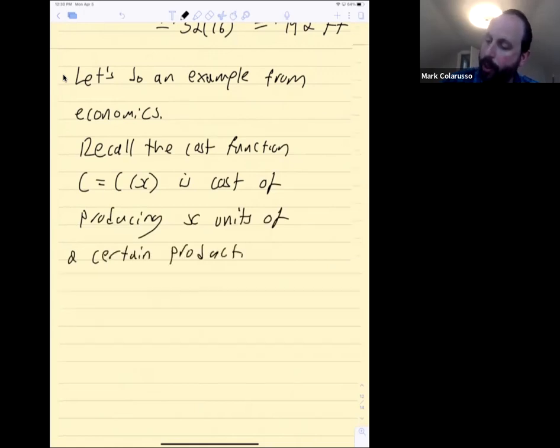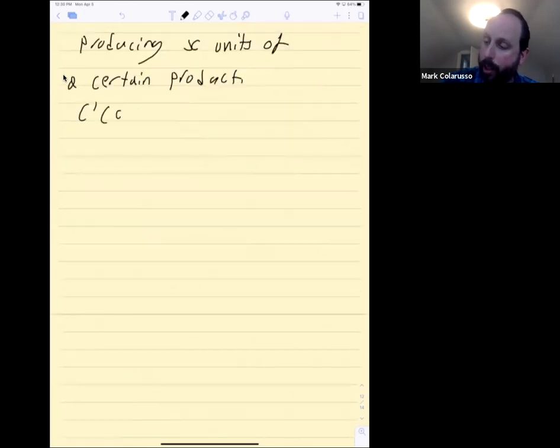And the derivative of the cost function, C prime of X, is the marginal cost. One thinks of that as giving you a way of estimating the cost of producing one more unit after you've produced X units. We talked a lot about this before the first test, maybe. So it was a while back.